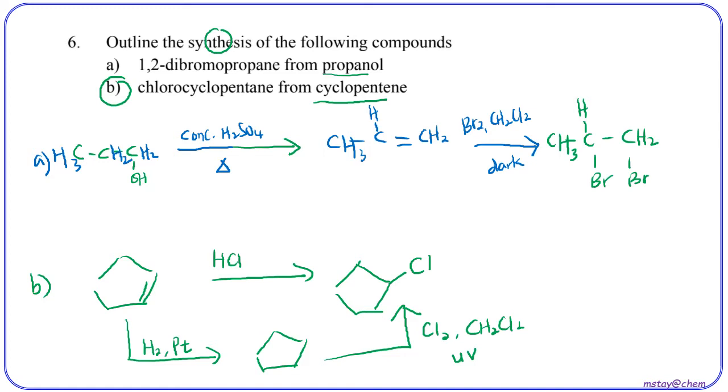Since this question is not specific how many steps, you can choose either 1 step, which will be considered as 1 step synthesis, or you also can consider it as 2 steps through the hydrogenation and then halogenation.